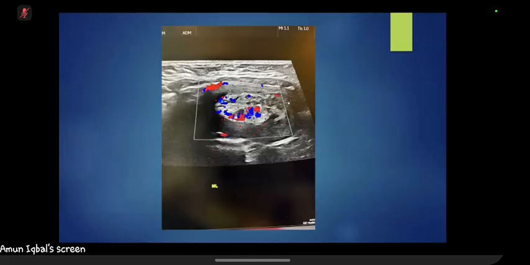This is the sagittal or the transverse section, where again I can see the pseudo-sandwich sign. The mesentery along with its fat and vessels are seen telescoping within the intussusceptum. On color Doppler images, the bowel wall is showing maintained vascularity.